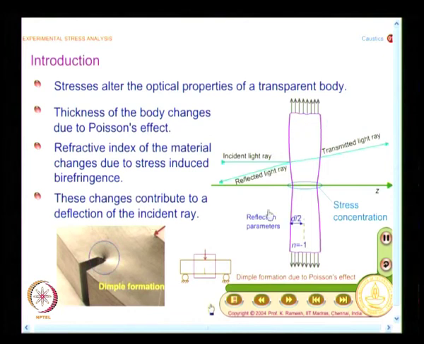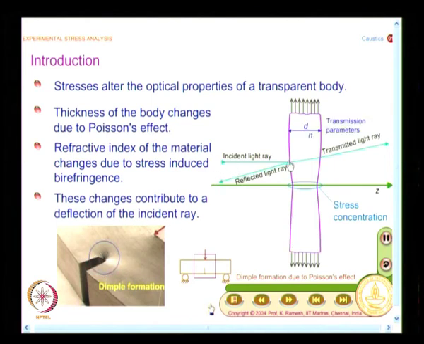You have certain parameters, you do not have to worry about them now, when we go into the mathematical development, which we may not do in this first level course. So, you have to take those parameters appropriately, and here again you have shown a transmission arrangement, this is very clear. For the reflection arrangement you have this dimple very prominently seen.